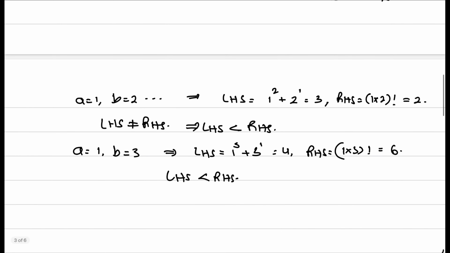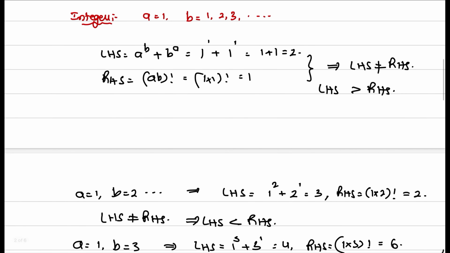That means for integer values, when a is equal to 1 and b is equal to 1, left hand side is greater than right hand side.